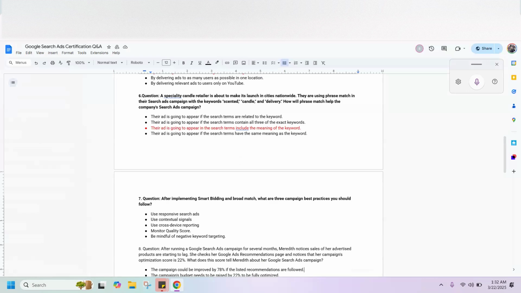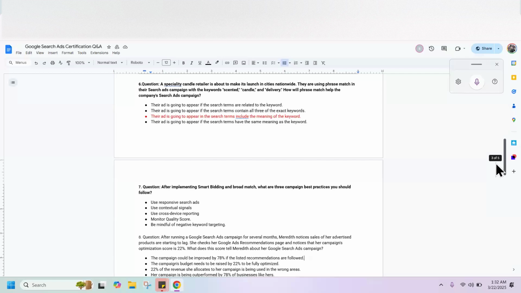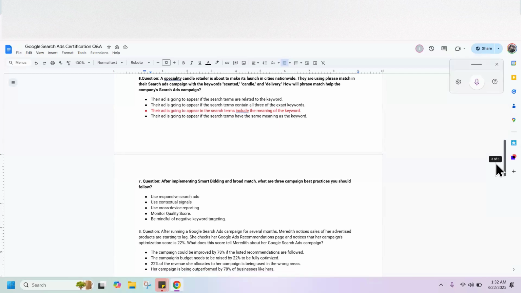So the answer should be, which one? Three campaign best practices you should follow. Use responsive search ads. The first one, use responsive search ads after implementation. Campaign best practice.